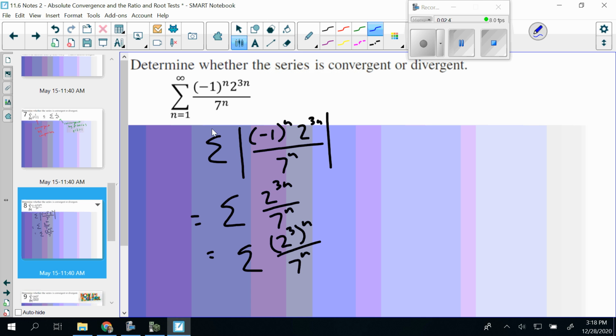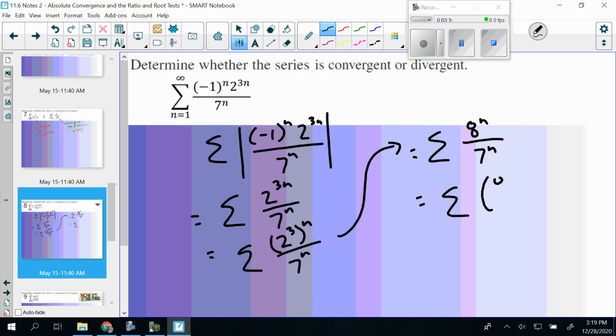So this could also be written as 2 to the 3n, like we had in the step before. Well, 2 to the third power is going to be 8. So we could write this as 8 to the n over 7 to the n. And since they're both to the n power, let's write it as just 8/7 to the n.